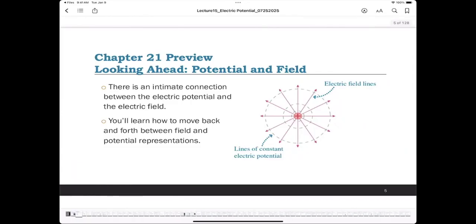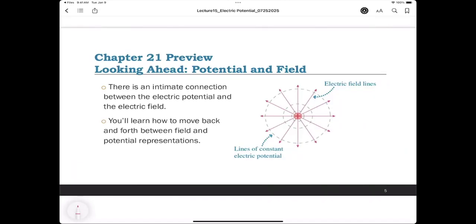Also, we will check potential and field. This is the other thing we need to learn in this chapter. There is an intimate connection between the electric potential and the electric field. You will learn how to move back and forth between field and potential representations.